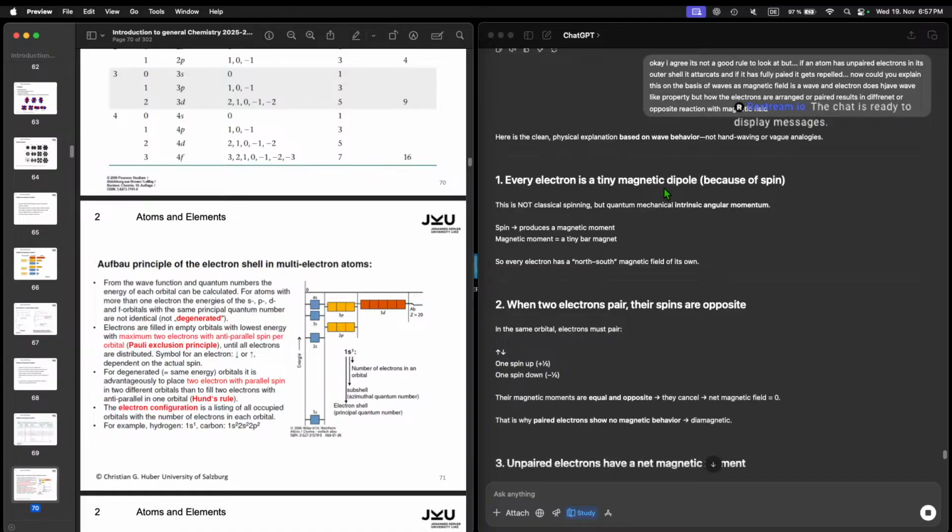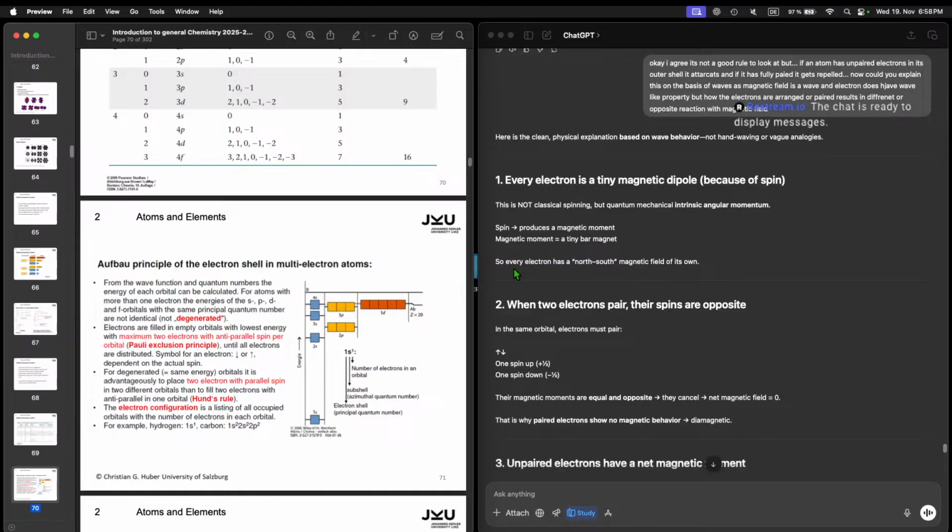Every electron is a tiny magnetic dipole. Quantum mechanical intrinsic angular momentum, spin, produces a magnetic moment. A magnetic moment equals a tiny bar magnet.